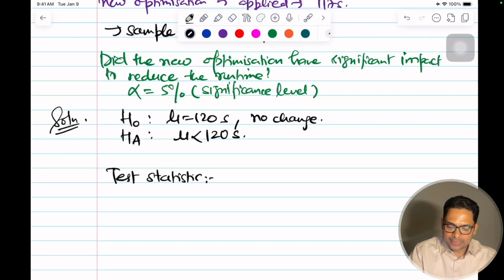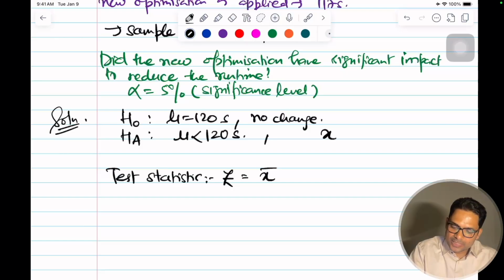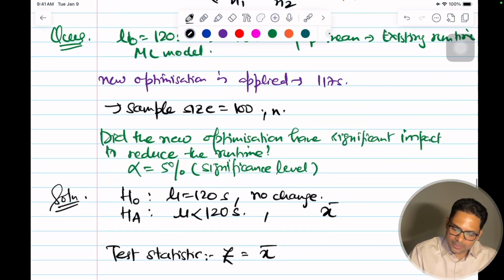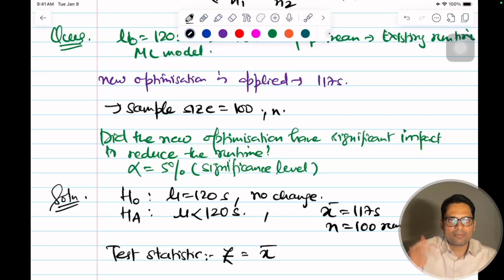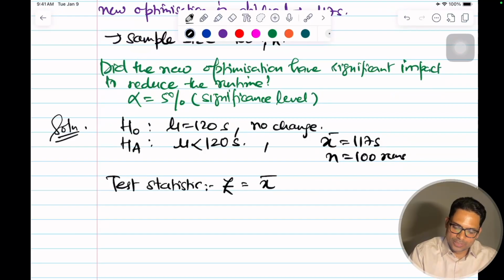So my test statistic z is equal to x bar minus mu, divided by my standard error, sigma by root n. What is my x bar here? The sample mean after 100 runs is equal to 117 seconds, and n is equal to 100 runs.